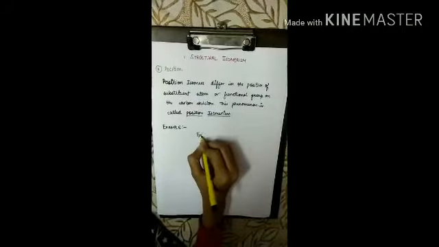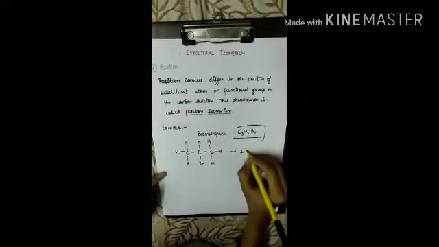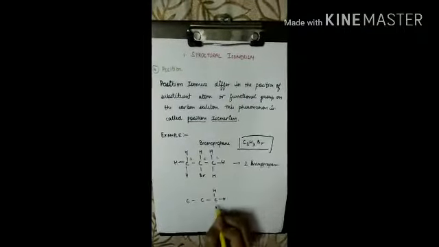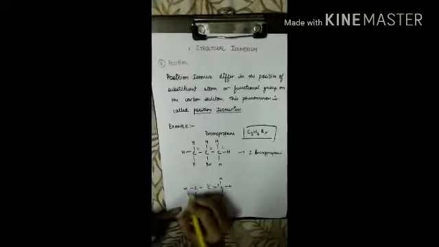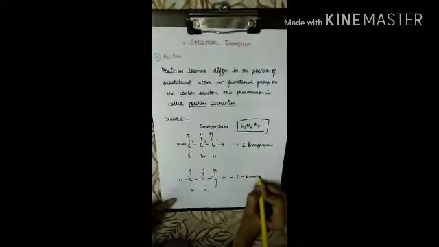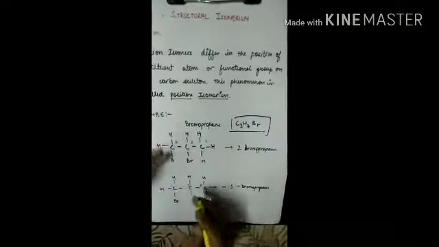Let's take an example of bromopropane. In bromopropane, we have bromine on the second carbon or on the first carbon. The second carbon is known as 2-bromopropane. If we keep the bromine on the first carbon, it's known as 1-bromopropane. Thus, with the same molecular formula, it has different positions of the functional group. Thus, it's known as position isomer.